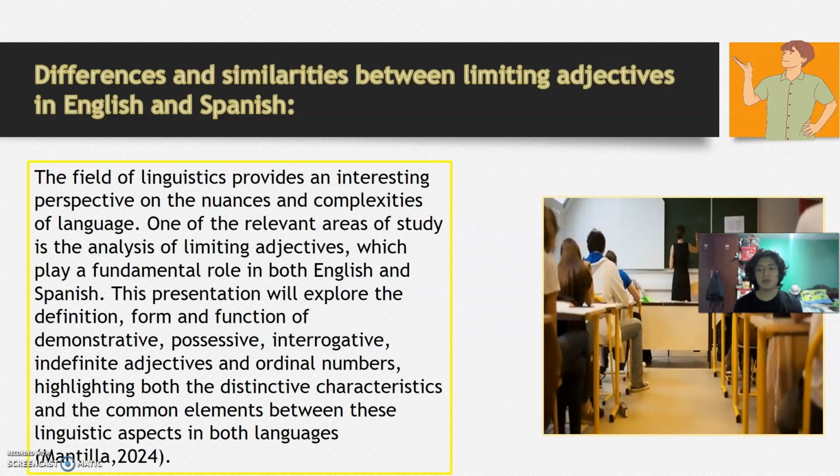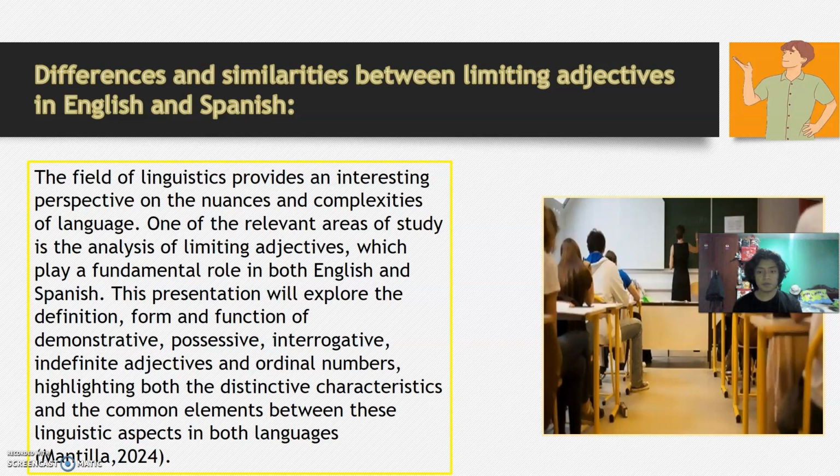The field of linguistics provides an interesting perspective on the nuances and complexity of language. One of the relevant areas of study is the analysis of limiting adjectives, which play a fundamental role in both English and Spanish.